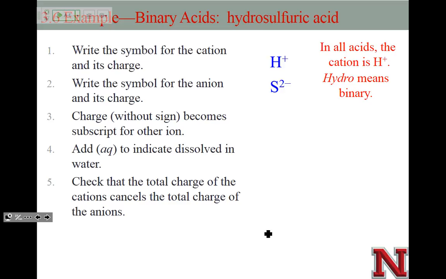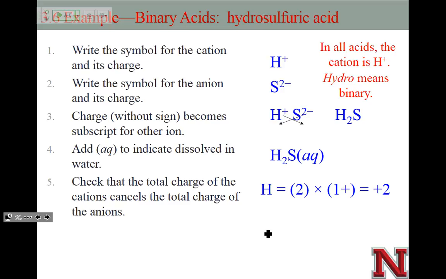We need 2 hydrogens for every 1 sulfur, so it balances, H2S. Then we want to put that aq at the end to represent that it's dissolved in water. And that's the full name. We can always double check to make sure that our charges do cancel out. It's just like in the ionic compound, we should have a neutral overall charge.